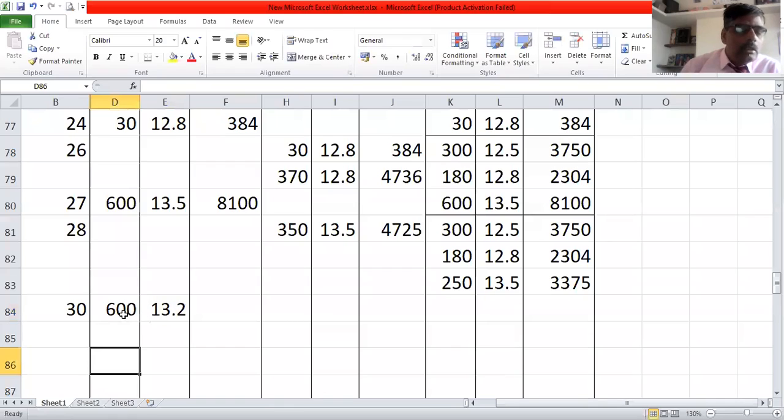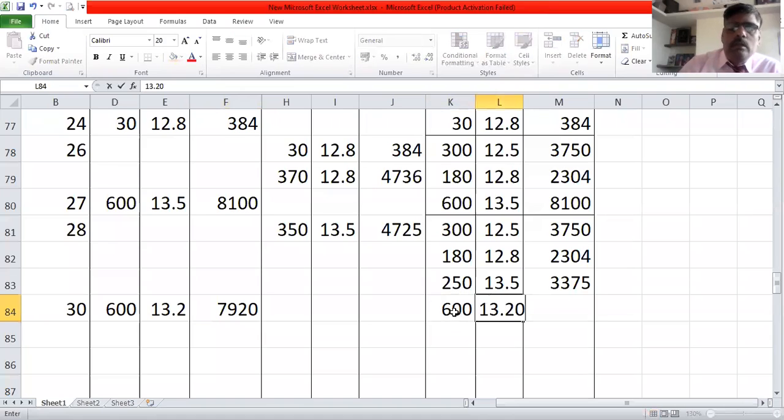Quantity purchase 600, 13.20. 600 into 13.20 is equal to 7,920. 7,920. Then take in the balance column 600, 13.20. Amount is 7,920. 30th.